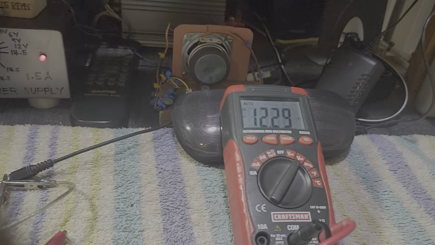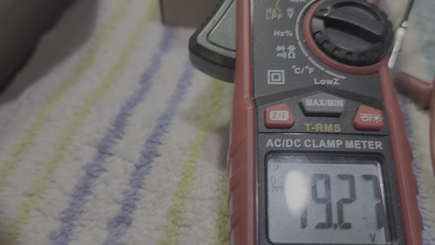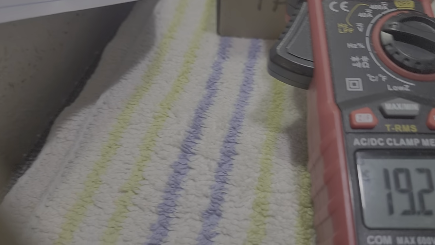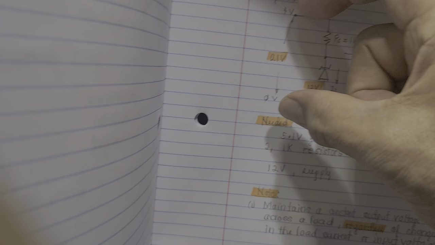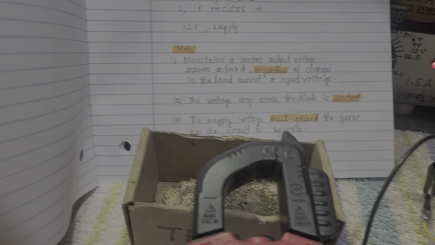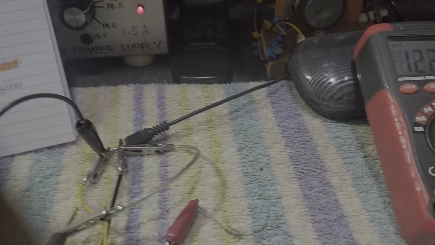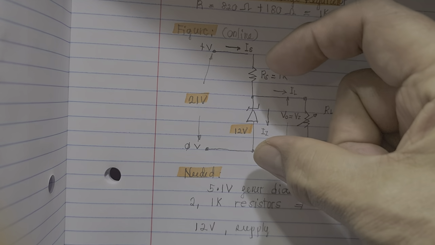So what I did now is I plugged in the adapter. The output of this adapter is registered by this first multimeter here, 19.27 volts. So this is 19.27, it's not 21. And I tap a DC voltmeter across the terminals here, across this.